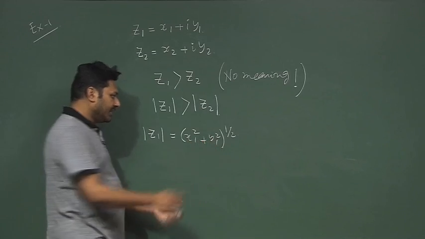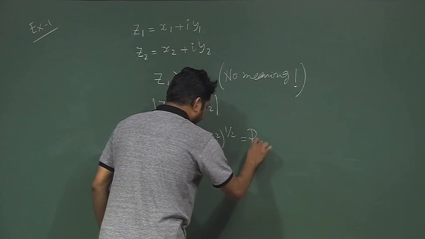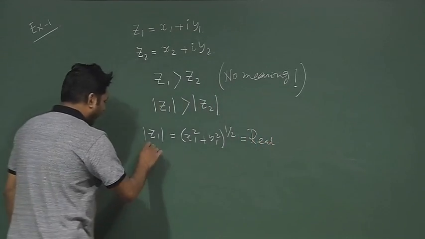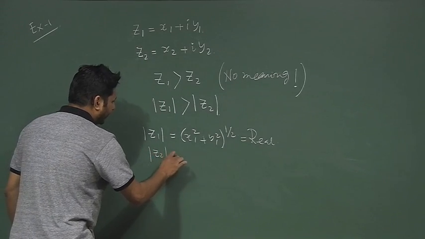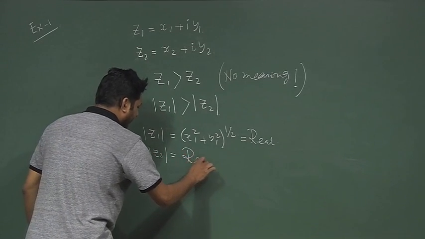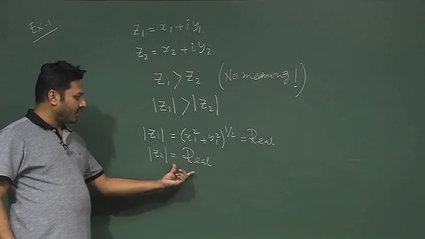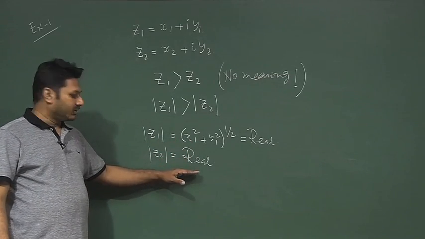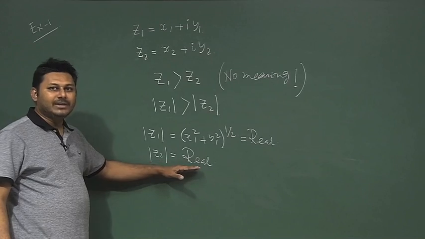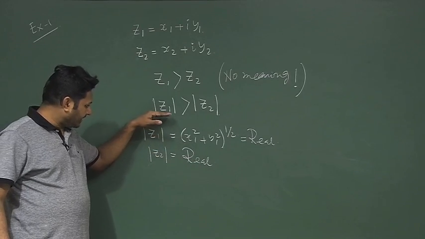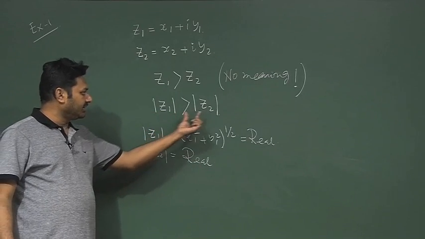So, this is purely a real quantity, and mod z2 in a similar way is also real. If I compare the real quantities, eventually what is the meaning of that? I am comparing the magnitudes of these two.